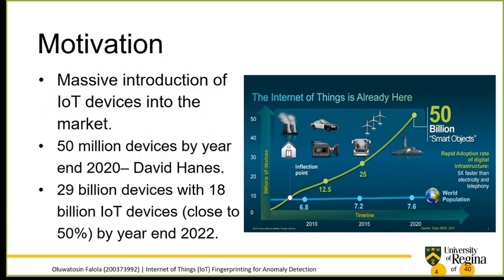As a way of introduction, there is a massive introduction of IoT devices in the market today. The reason is not far-fetched. There is a huge demand for these devices, and that is why there is a massive production of them. It was predicted by David Haynes in 2017 that by the end of this year, 2020, there will be about 50 million devices introduced into the market.